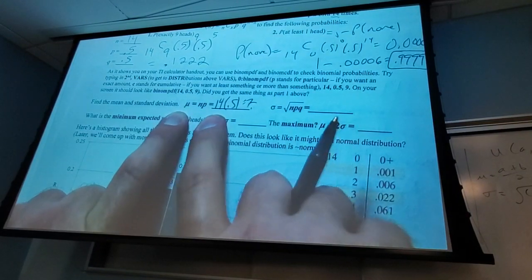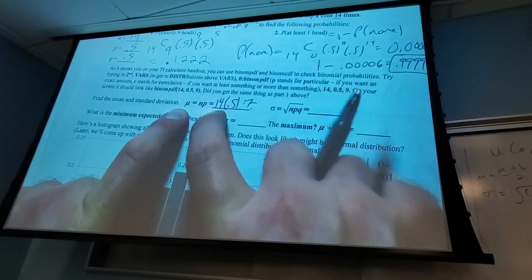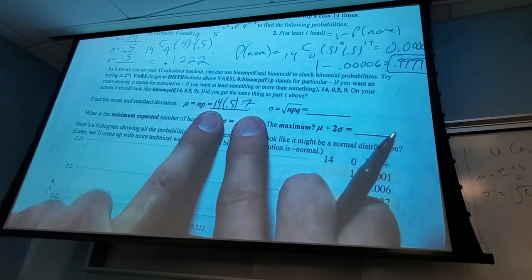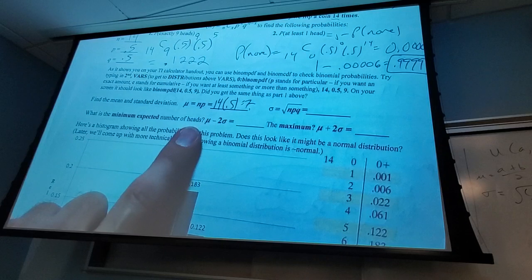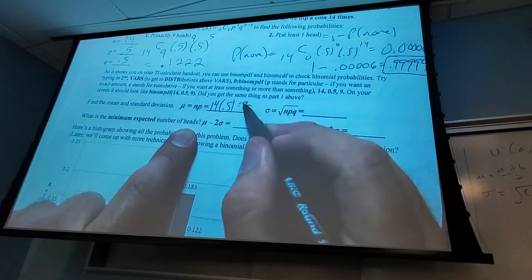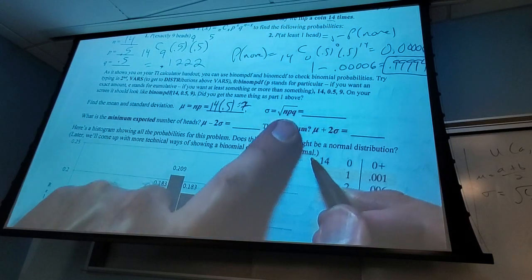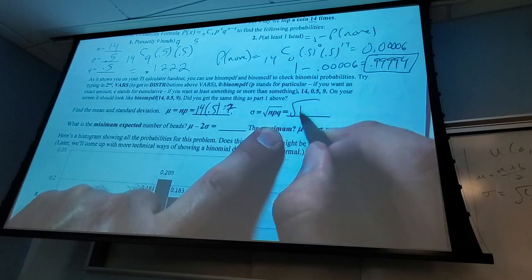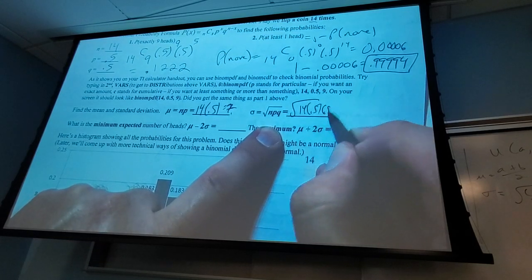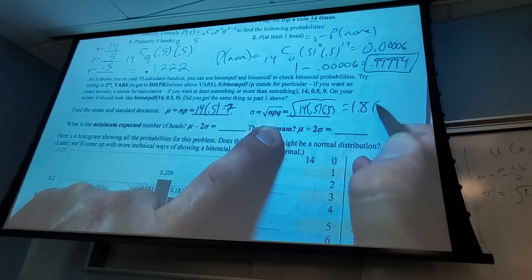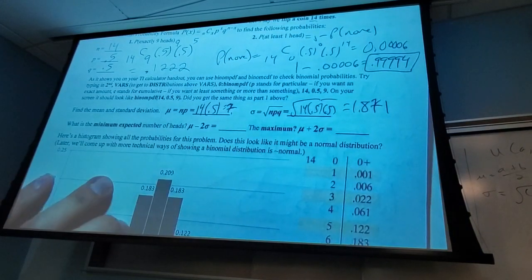So how many heads do you expect if I flip a coin 14 times? You expect 7. So the work better come out 7, because we already know the answer is 7, right? Thankfully it came out to be 7. Yes? What about the spread? 1.8708. 1.871? Yeah. Okay.